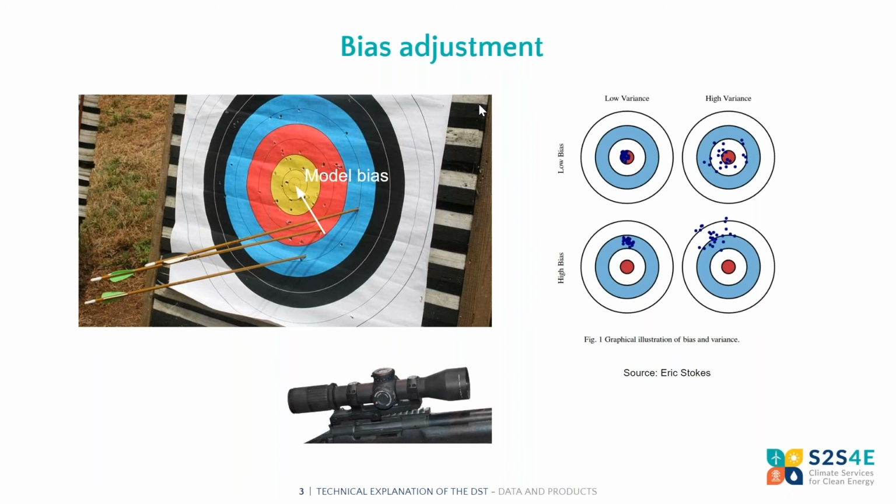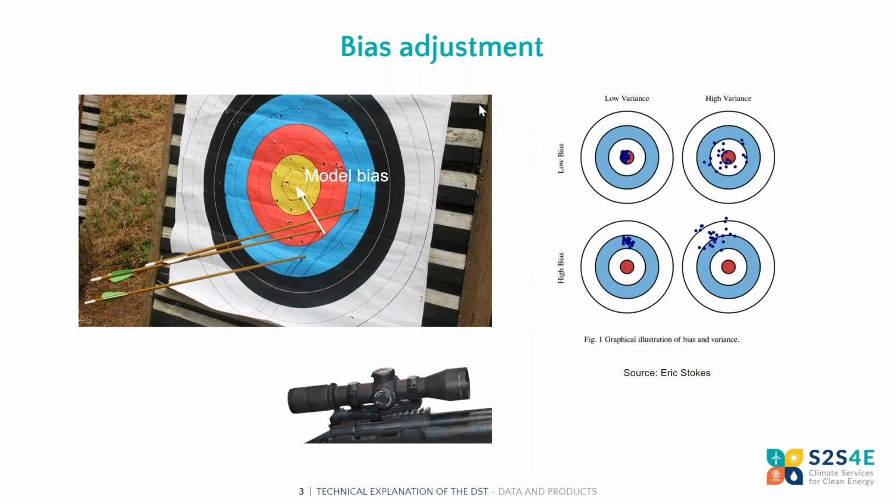Without going into much detail, the bias adjustment methods that we employ in the project correct the mean bias, which is what I'm showing here with this arrow, but we are also correcting the spread of the ensemble, which is a probabilistic concept, very important to produce reliable forecasts.